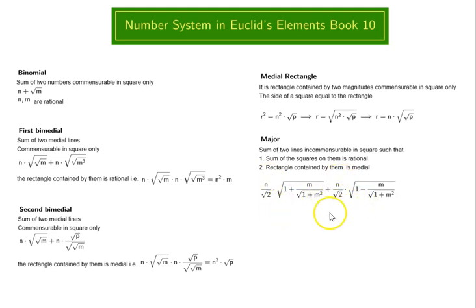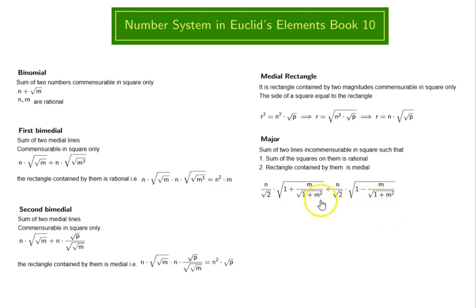So they are commensurable. But what about these two? If we take the square, this root will disappear, this root will disappear. We have 1 plus m by square root of 1 plus m square, and we have 1 minus m by square root of 1 plus m square. And they are incommensurable because of the square root in the denominator.